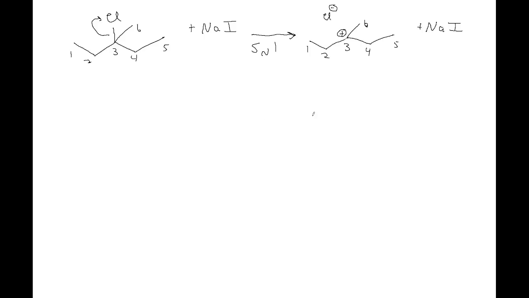All right, so now where would you put the heads and the tails of your electron pushing arrows for the next step? So then you take the negative charge from the iodine, and that goes to carbon 3. Good.